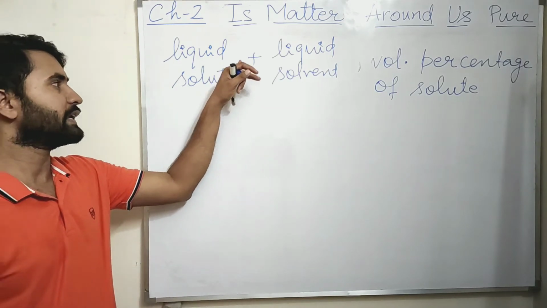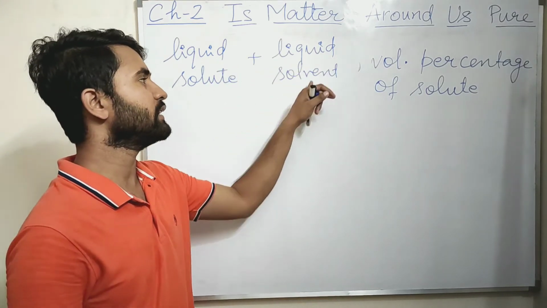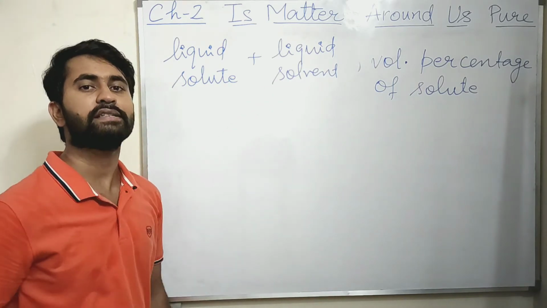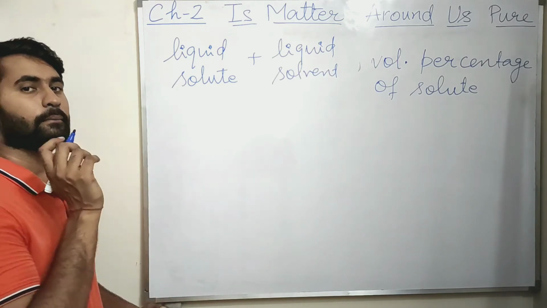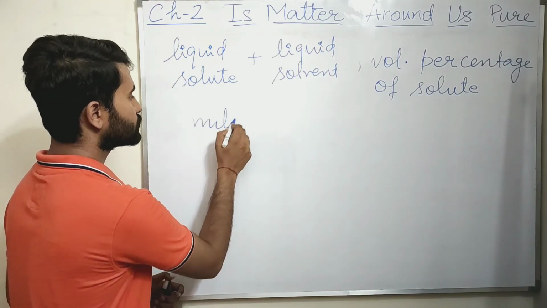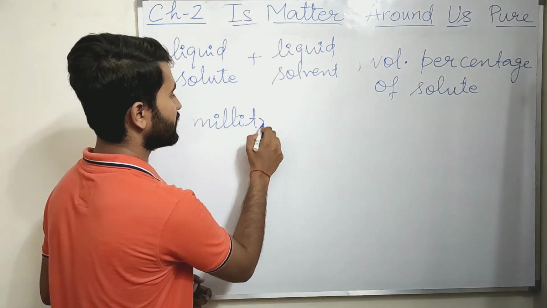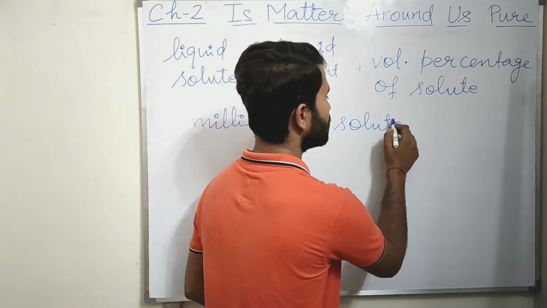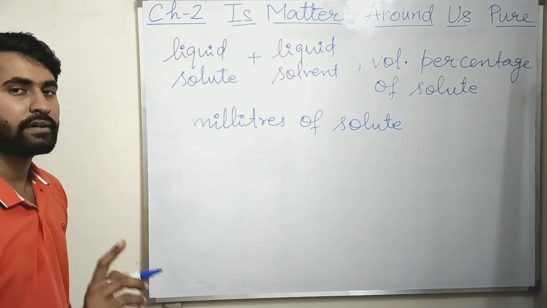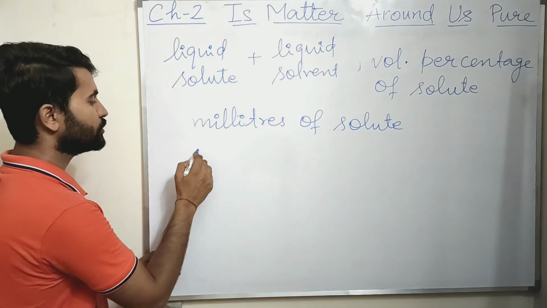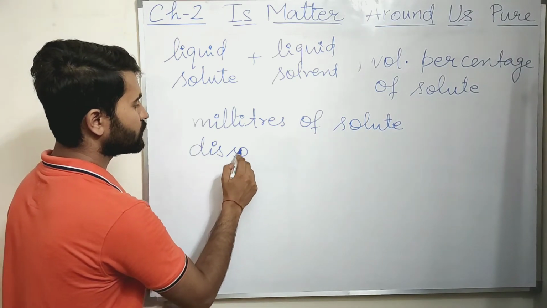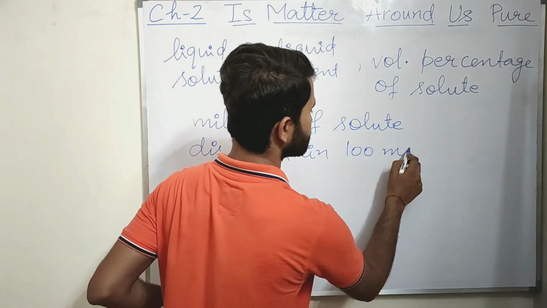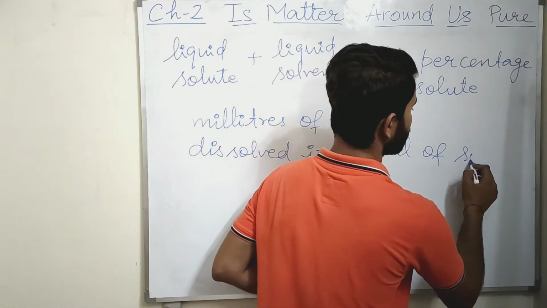In case of a liquid solute dissolved in a liquid solvent, the concentration of solution is defined as milliliters of solute dissolved in 100 milliliters of solution.